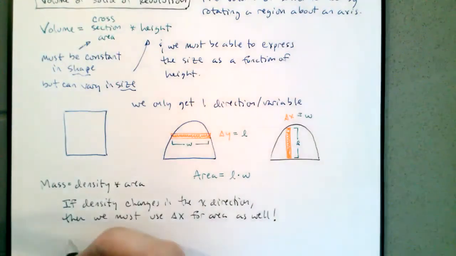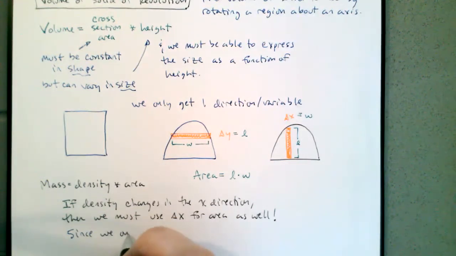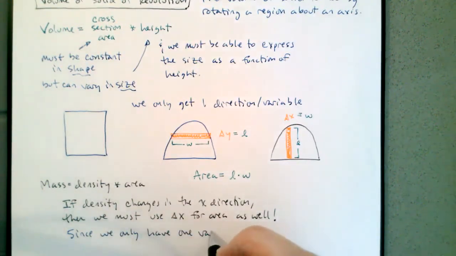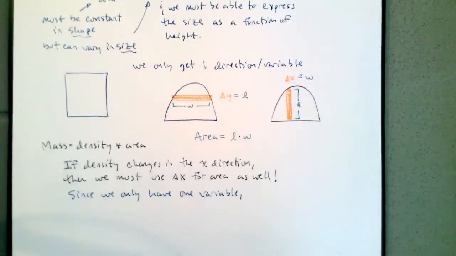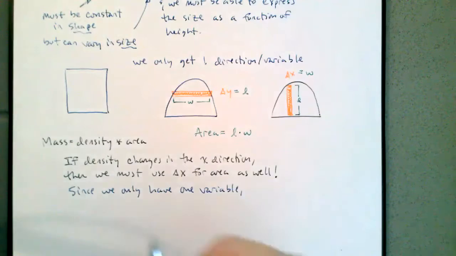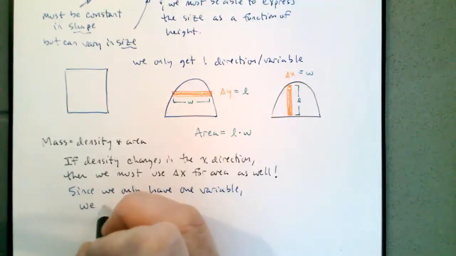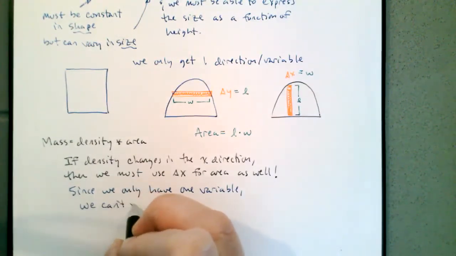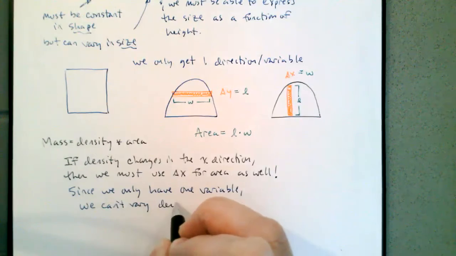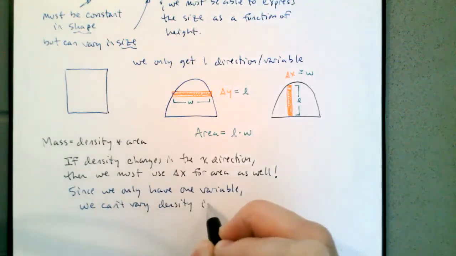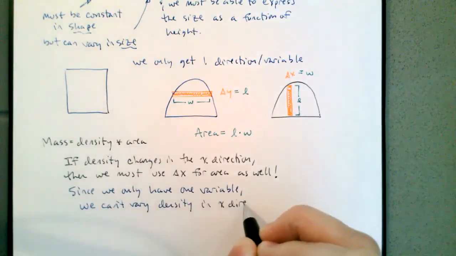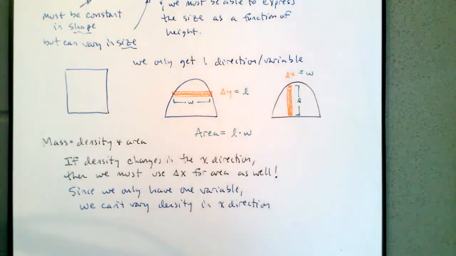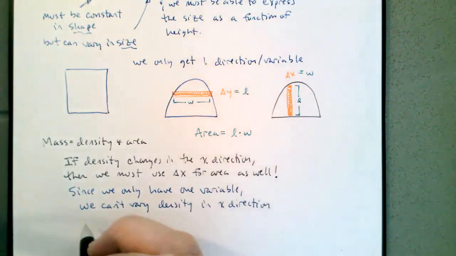Since we only have one variable, we can't vary the density in the x direction and area in the y direction.